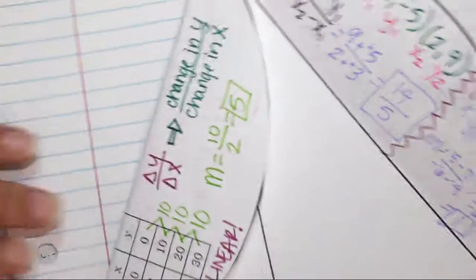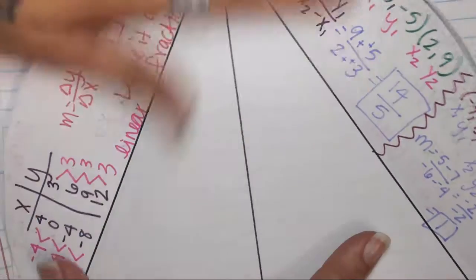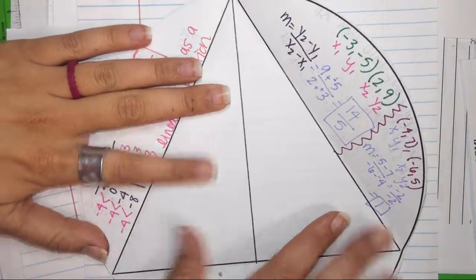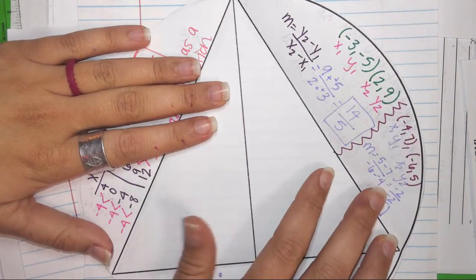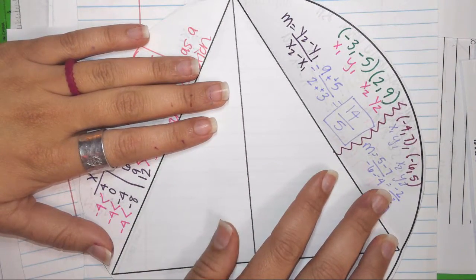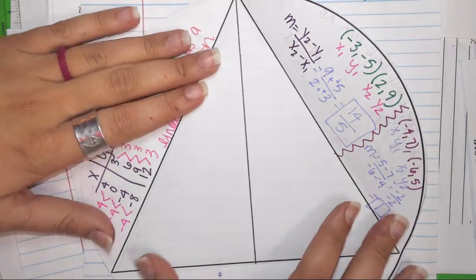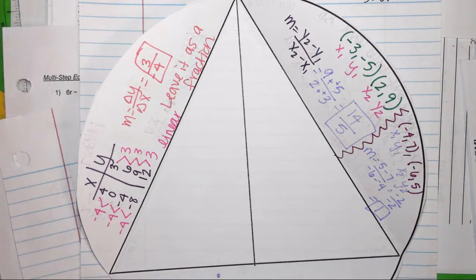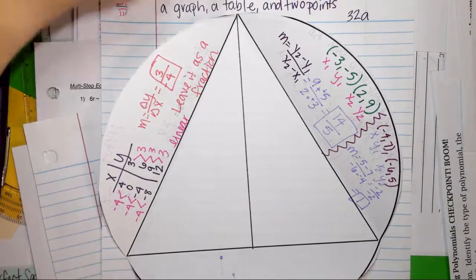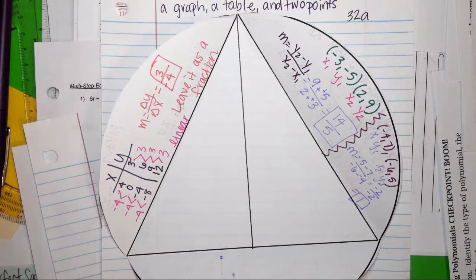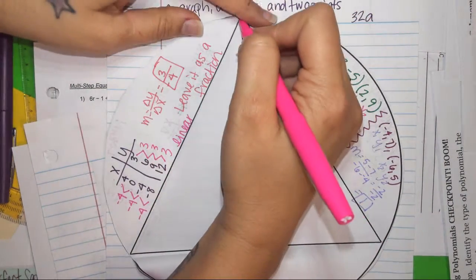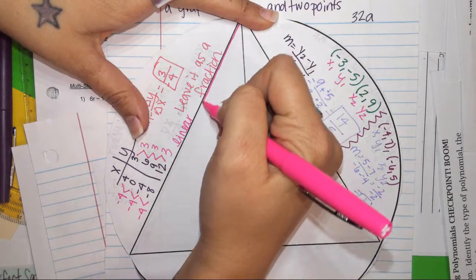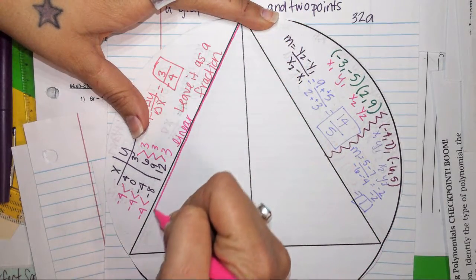Okay, so now let's open our triangles and look on the inside. We're going to talk about what kind of slopes lines create based on which way they're leaning. Now, you always start on the left side of your graph. So we're going to start with this line right here, the one I'm highlighting in pink.